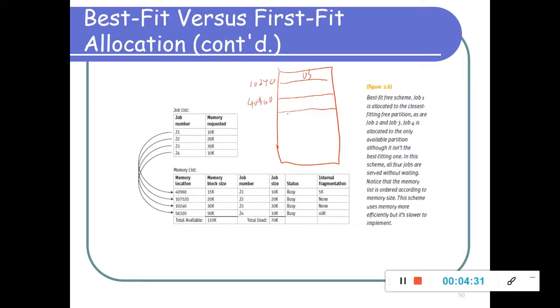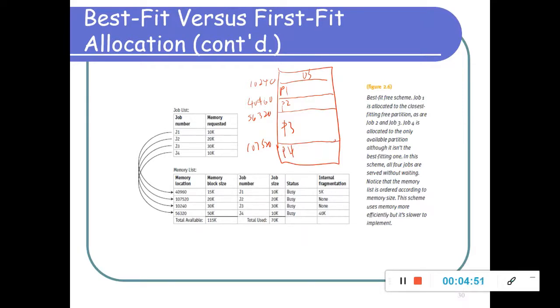Partition 3 is 56320, and partition 4 is 107520.